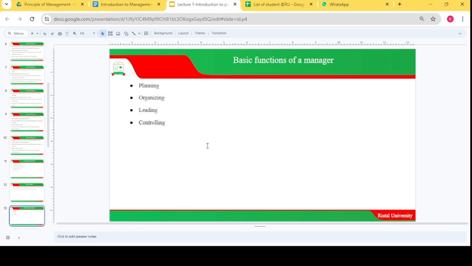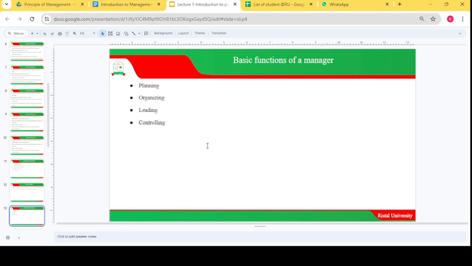And then we have organizing. The manager should be able to assign tasks, group tasks into departments, and allocate resources to departments. And then we have leading, whereby the manager uses influence to motivate employees to achieve the organizational goal.